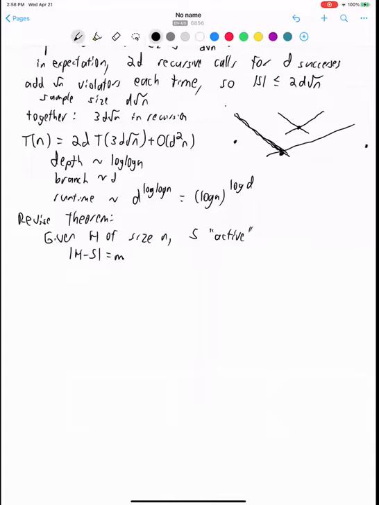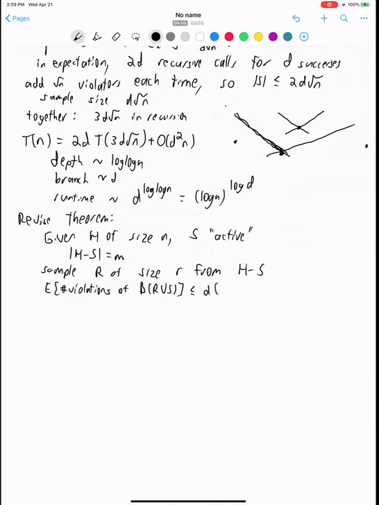And now we sample R of size r from H minus S. We're not sampling from the active set, we're only sampling from the remaining hyperplanes. Then the expected number of violations of the basis of R union S is at most d times (m minus r minus 1) divided by (r minus d).